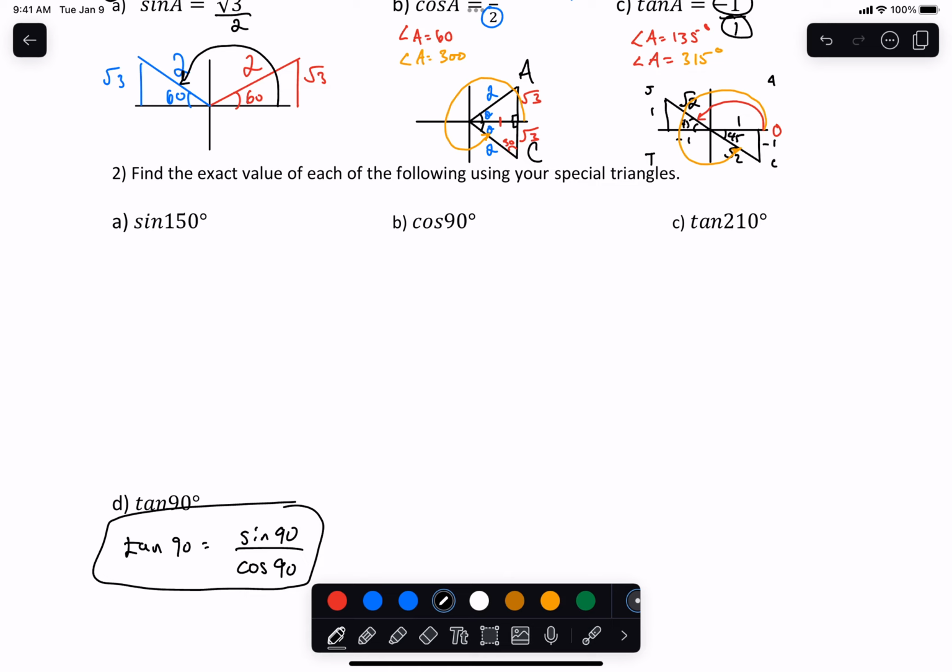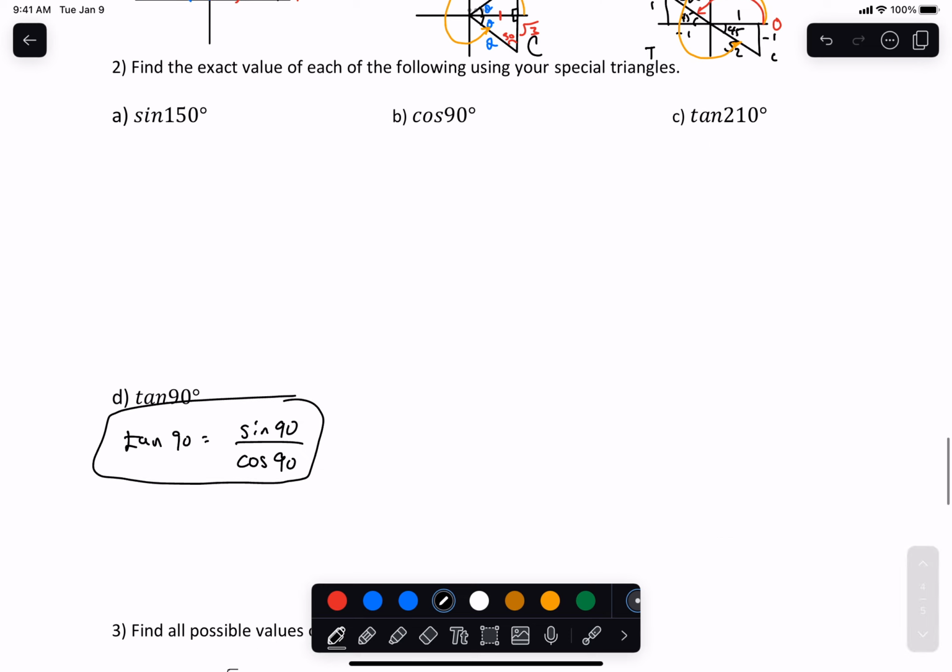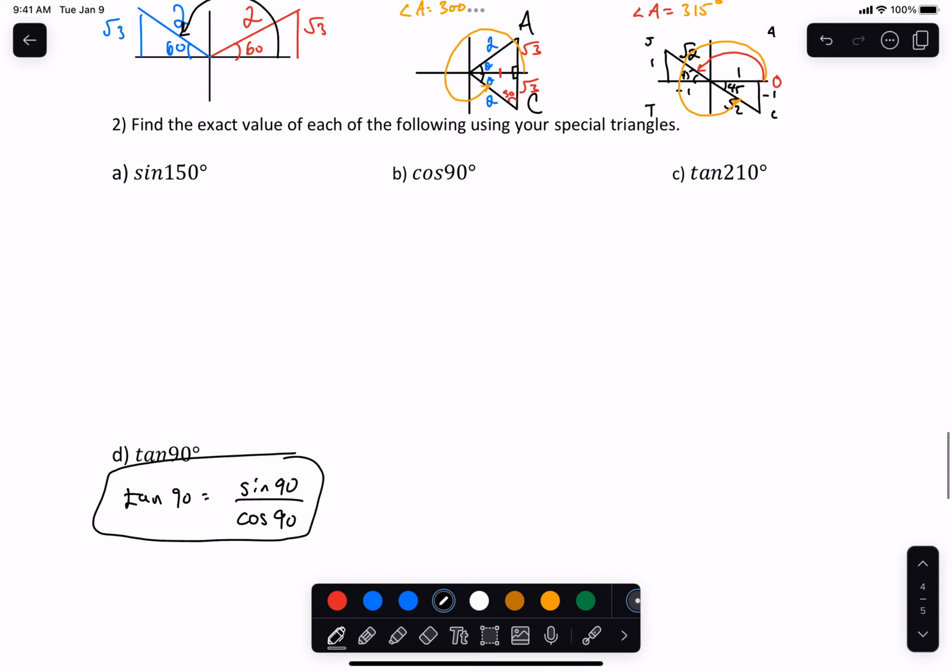I'll explain how that comes to be in a few different ways, once with the unit circle, once with the graphs, and whatever else comes up as we stumble on it. We'll worry about this later. For right now, you just need to know that that is 0. I'm going to show you how it comes to be. Any other ones?